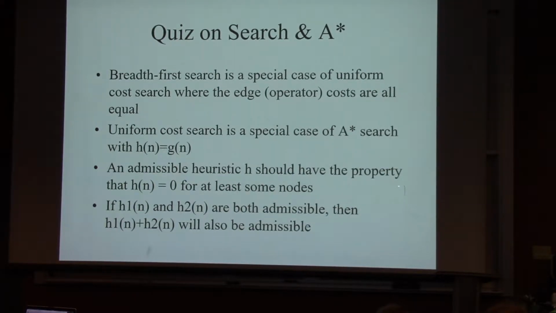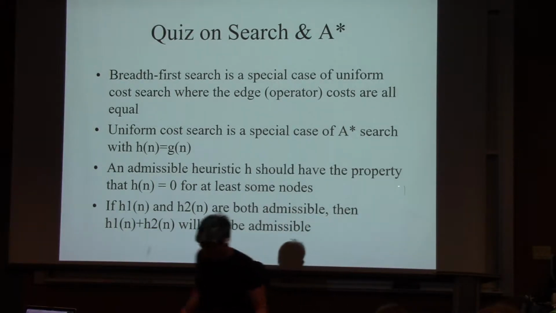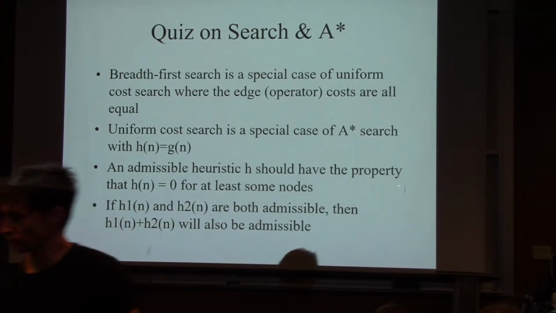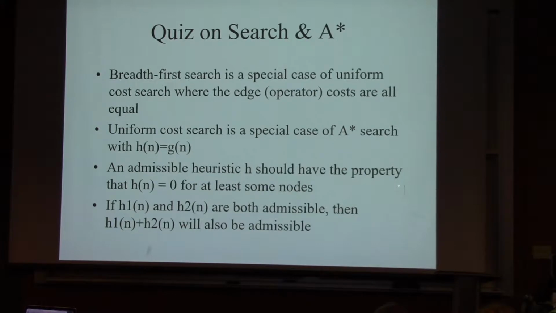Uniform cost search is a special case of A-star search where h of n equals g of n. Remember that A-star search has h values. So this is the one that we're looking at.